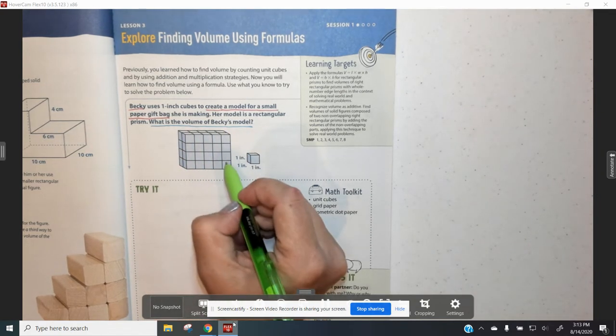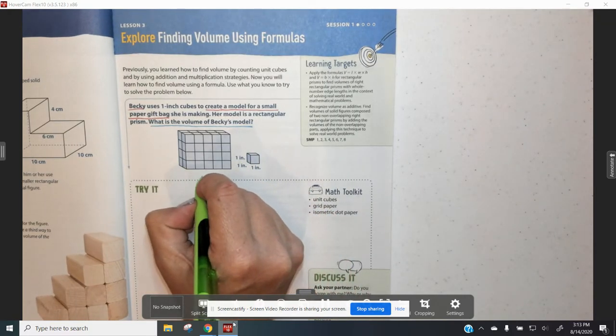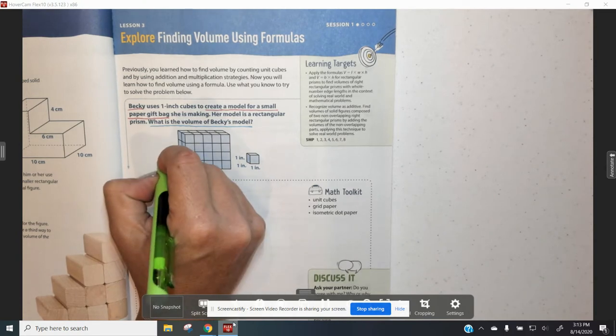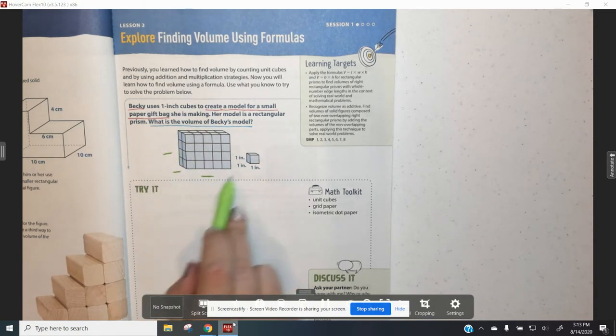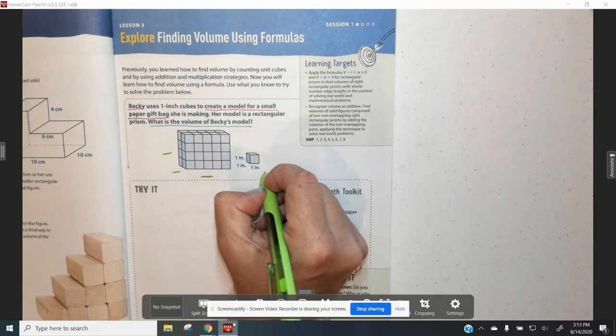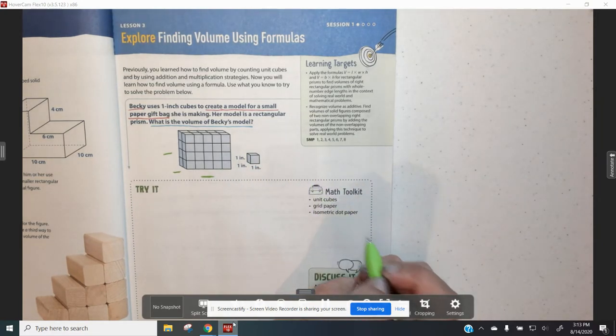Even though there's no numbers on this rectangular prism, there is definitely some important information that we can put here, here, and here. Without having the numbers, we can figure out what they are on our own by using the unit cubes. And then finally, we cannot forget that this unit cube here tells us some very important information.